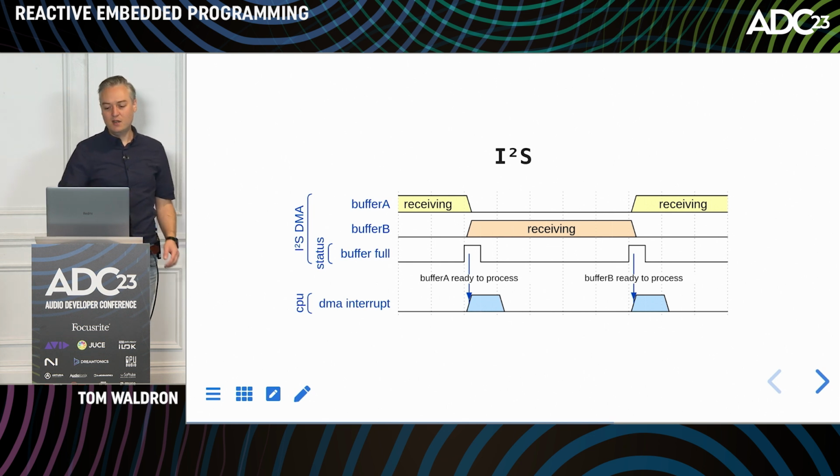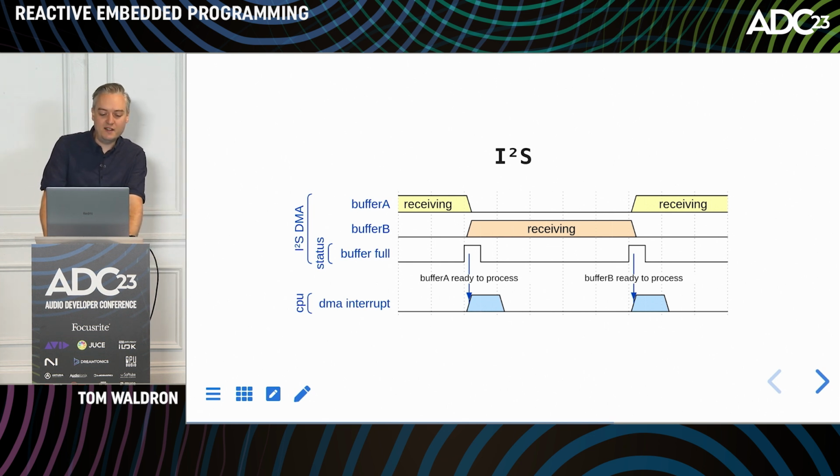Here I'm getting this interrupt whenever this buffer is full, and in my interrupt I'm going to say to the DMA, okay, I want to do some processing on this buffer, so you go fill a different buffer now, while I do this work.